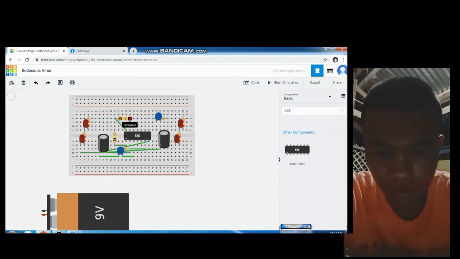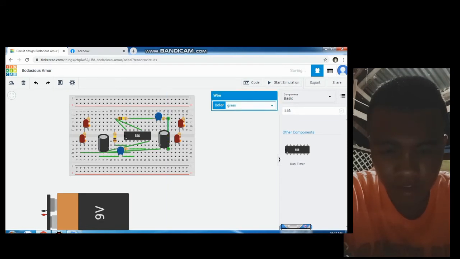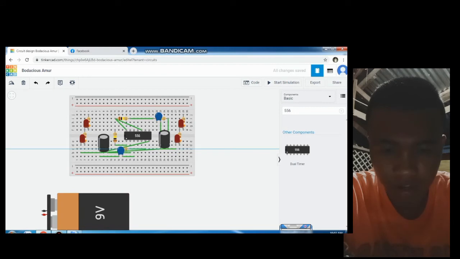The other 100 resistor into number 14 and number 10. The next is the resistor to polarized capacitor, and the capacitor to polarized capacitor, and the LED to polarized capacitor.